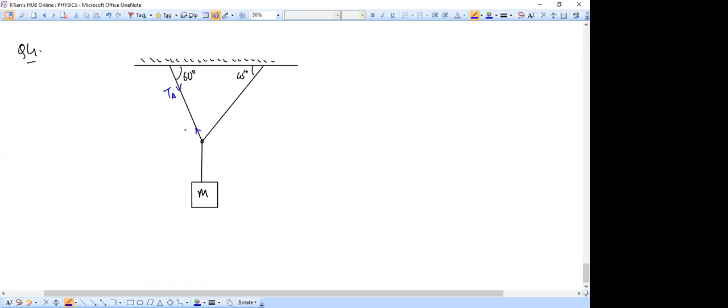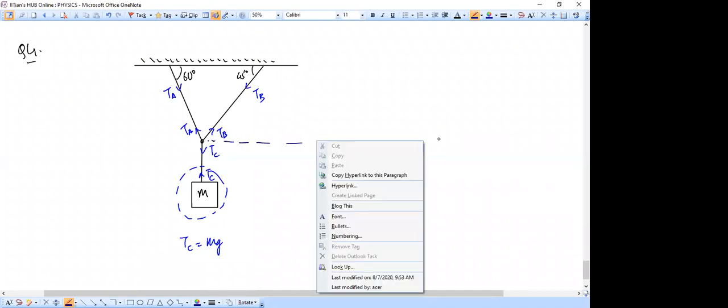Let us say the tension in this string is TA, the tension in this string is TB, and the tension in this string is TC. So obviously from this you can see that the tension in C is equal to the weight of the block. Then you can make a free body diagram of that knot point.